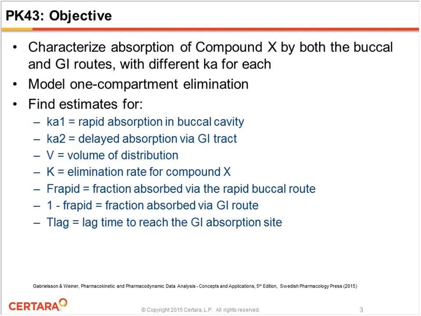V is the volume of distribution. K is the elimination rate. F rapid is the fraction absorbed via the rapid buccal route, and 1 minus F rapid is the remaining fraction absorbed via the GI route. And then lastly, there's a lag time on the absorption via the GI route, and that's parameterized as T lag.